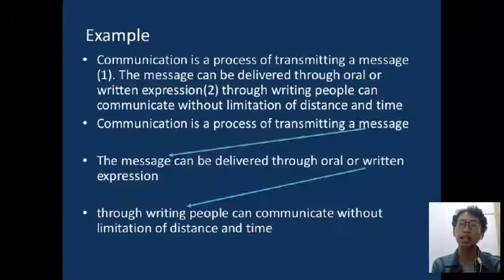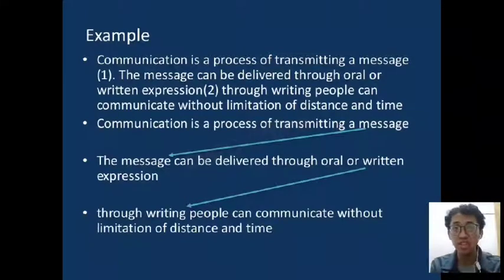And we can see the example here. Look, we have three sentences here. The first sentence is: communication is a process of transmitting a message. Here, communication is the theme, and the rest of the words are the rheme of the first sentence. Next, the second sentence: the message can be delivered through oral or written expression.